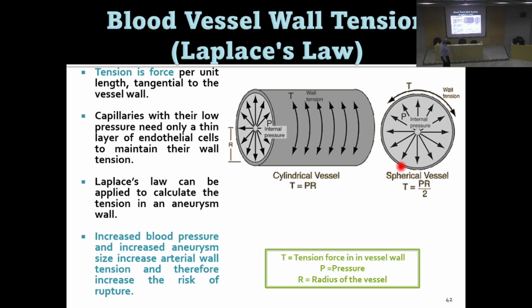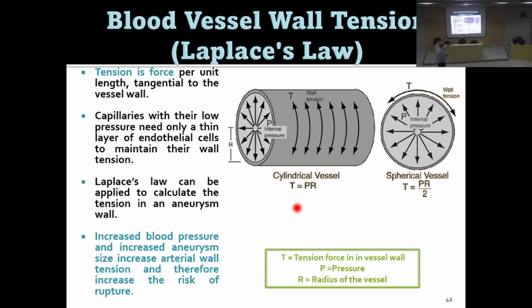So capillaries need very low pressure. We know that the pressure inside the capillaries is very small. Remember this graph goes down, isn't it? And I ask you where was the most drop in the blood pressure? It's coming out at the capillary. Pressure is very low and radius is small.